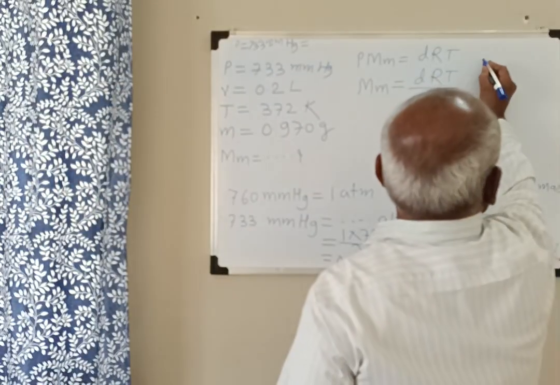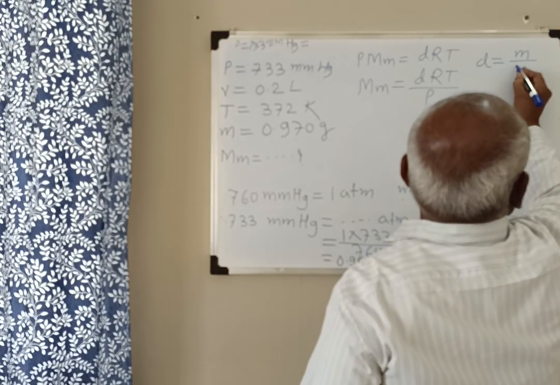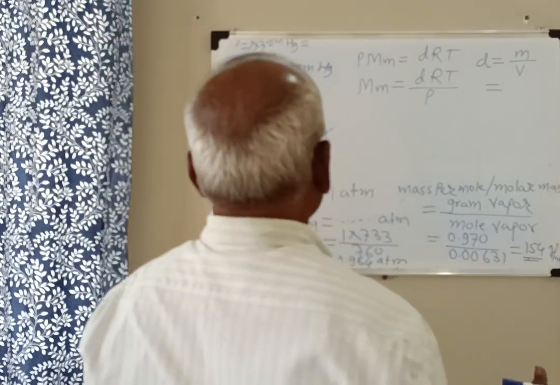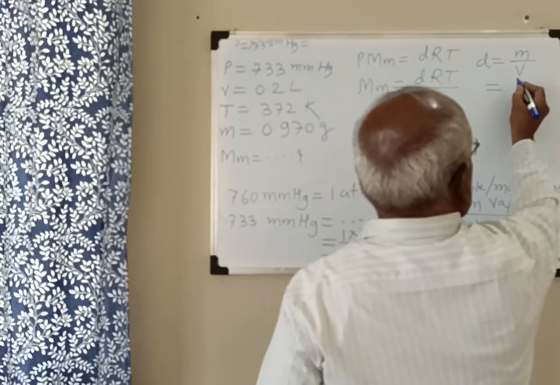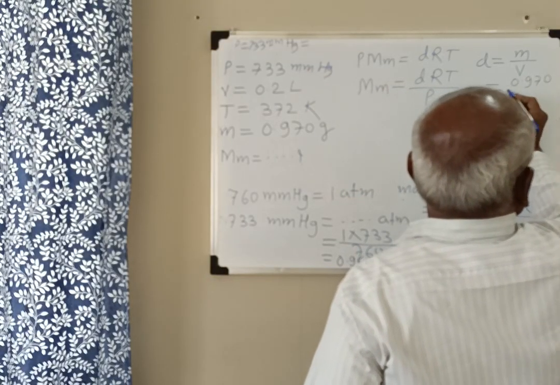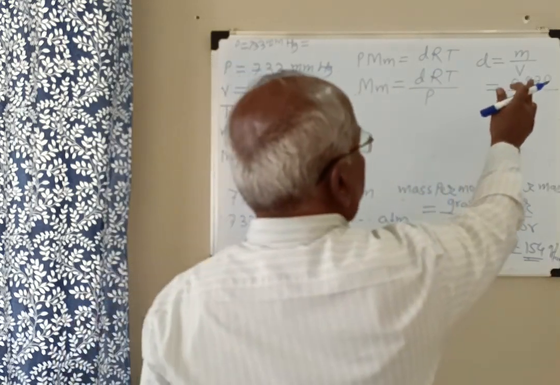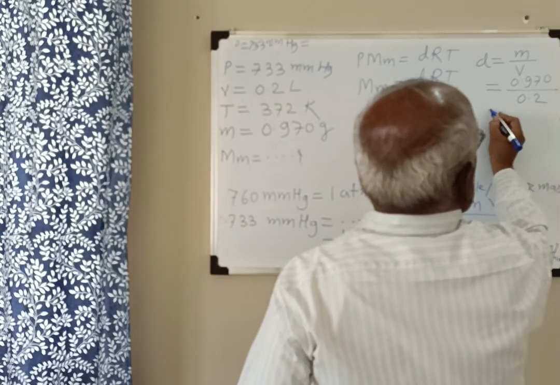Calculate D by using the relation M upon V, that is, mass 0.970 divided by volume 0.2.